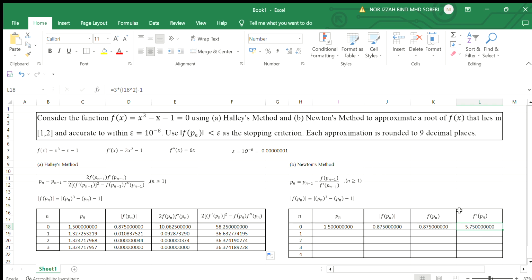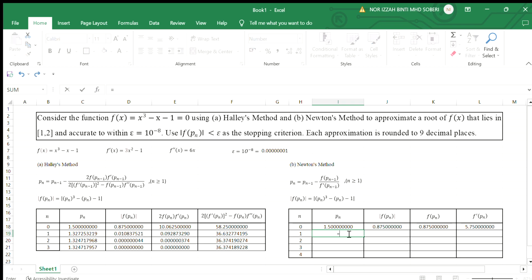Okay, and how to get the next Pn? For the next Pn, we can use this formula because it is applicable when n is more than or equal to 1. So equal to Pn minus 1, and when n is 1, 1 minus 1 is P naught.